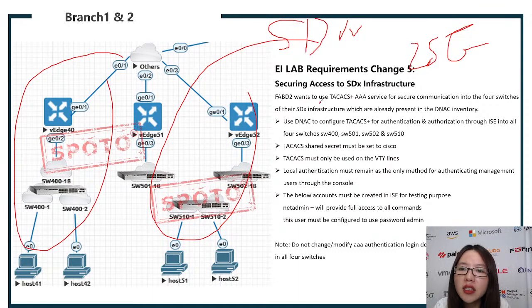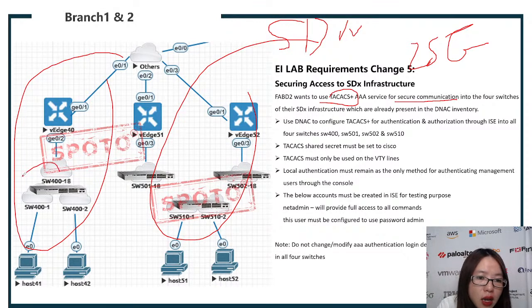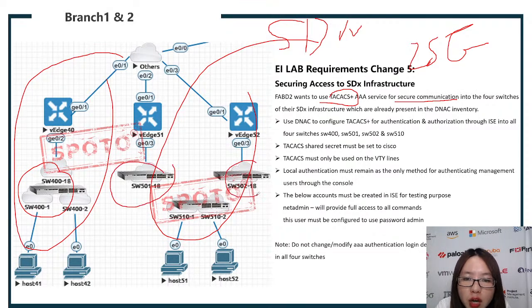The requirement is that we should use the TACACS+ service for secure communication to the 4 switches: switch 400, 501, 502, 510, of their SDN infrastructure, which are already present in the DNA Center inventory.